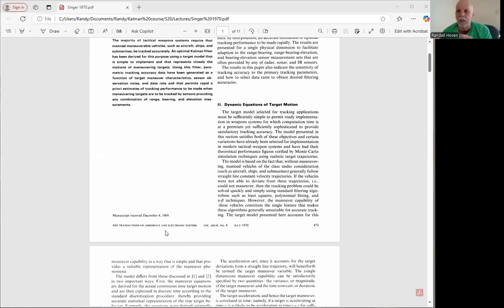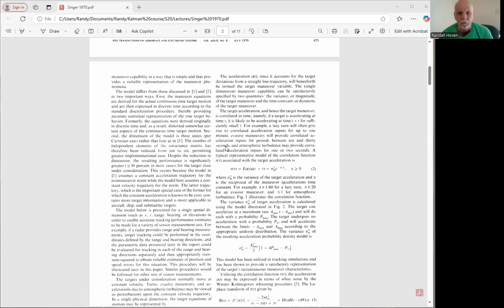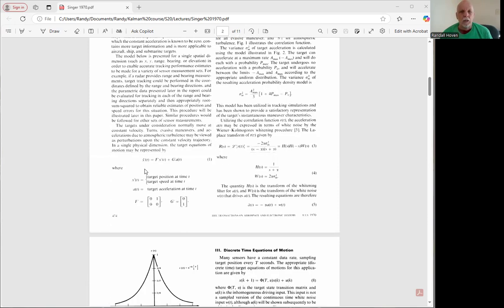But I think if you've gone through this whole course with me, my random processes and Kalman filtering, I think you could do everything in this paper. So let's look at some of the highlights of this paper. This little equation is a continuous time process equation.